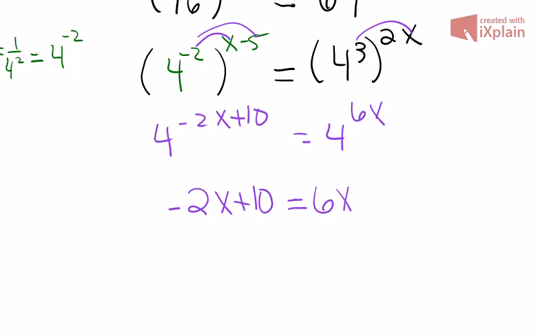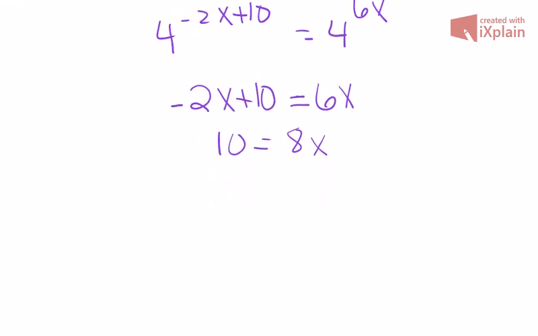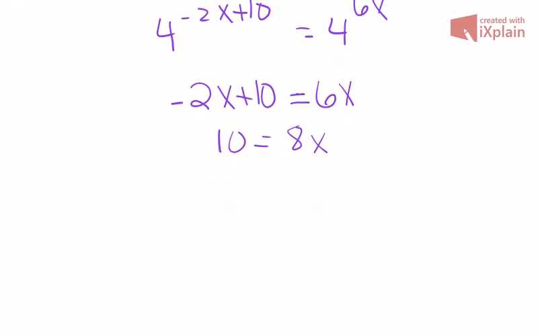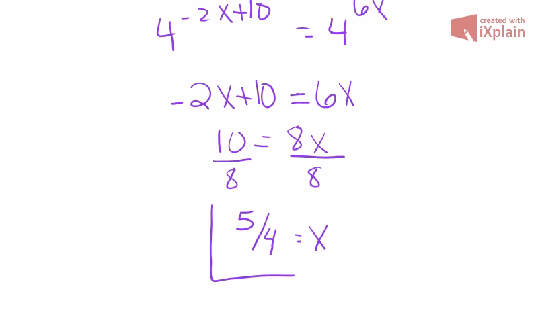Add 2x to both sides. Divide by 8. Careful here, sometimes students accidentally divide by 10, but remember we want to get rid of that 8 where the x is. So x equals 10 over 8, which is 5 over 4. And you're done.